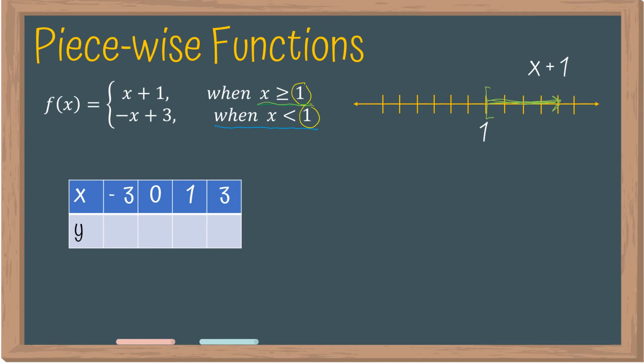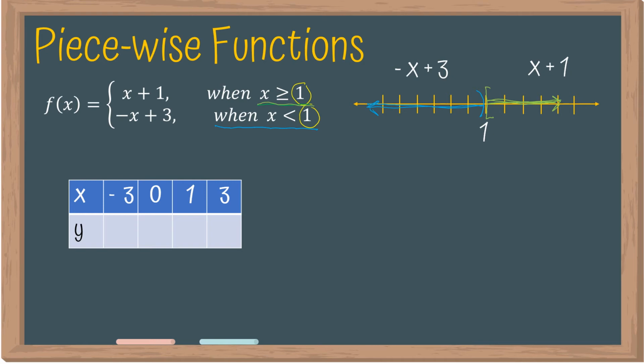Since less than lang yung ginamit nating symbol, we're going to make use of a parenthesis. Okay? So that will be all values to the left. Ayan. So if we are dealing with the values less than 1, we're going to apply our second subfunction, which is -x plus 3. Okay?